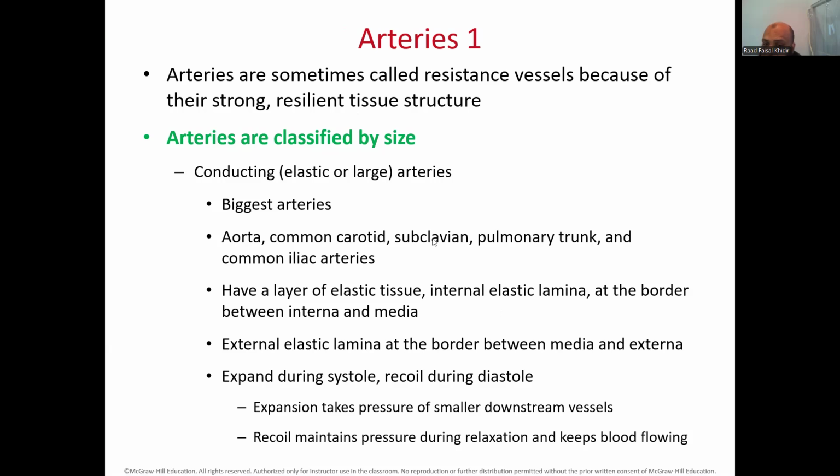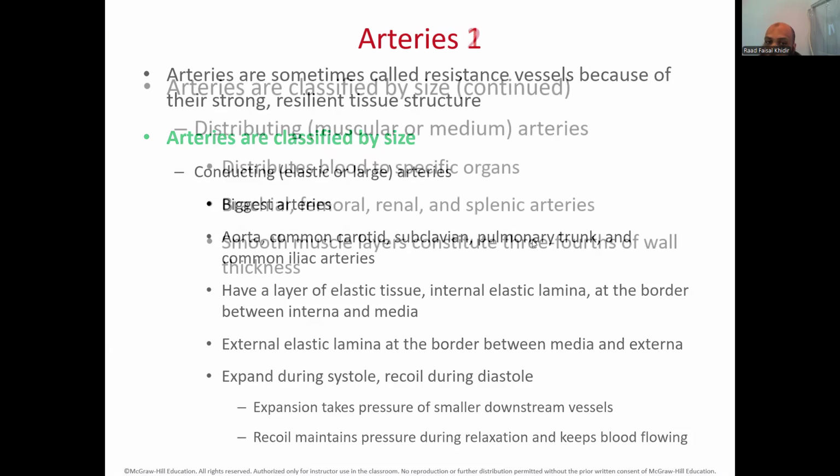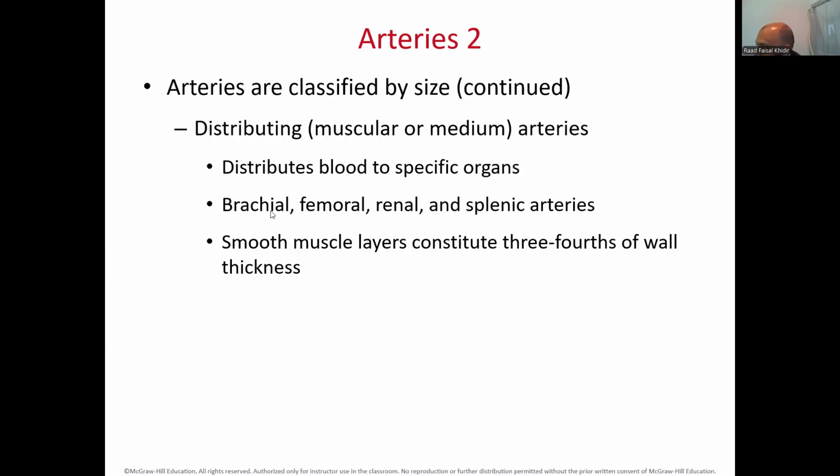Aorta, common carotid, subclavian, pulmonary trunk, or brachial? You say brachial. So now, what are the distributing, the exit ramp? The ones that are middle size, these are the brachial, femoral, renal, splenic. A question on the exam would be, which of the following is a conducting artery and not a distributing artery?